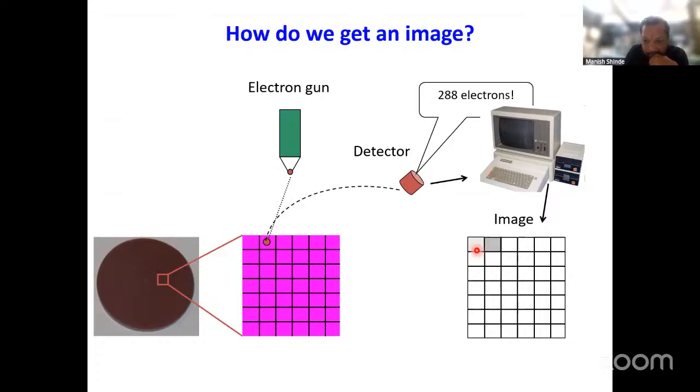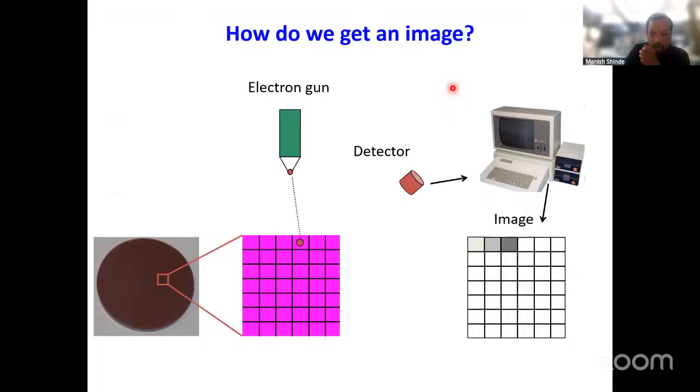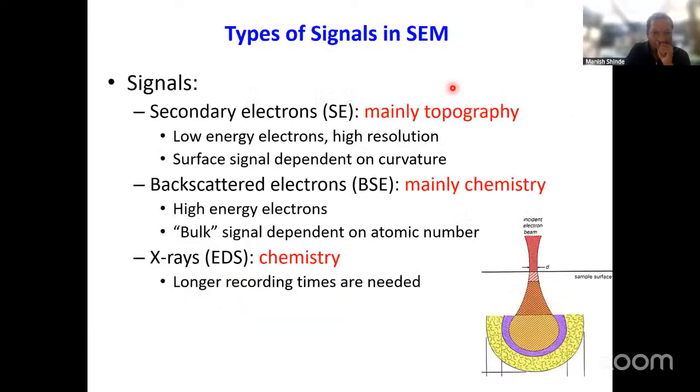And then accordingly, here in the image zone, some contrasts are getting generated based on how many number of electrons are captured. This process will go on occurring, and accordingly, based on the contrast that is getting generated, based on the number of electrons, you will get the image in the SEM mode.